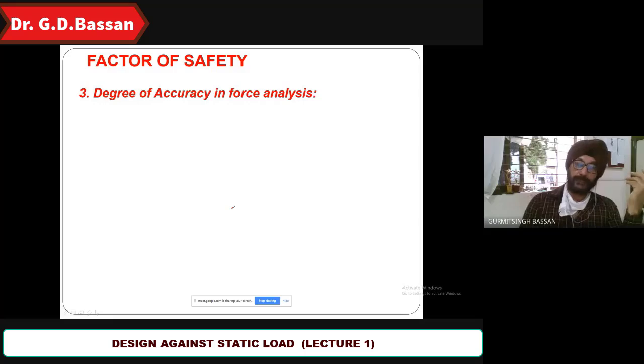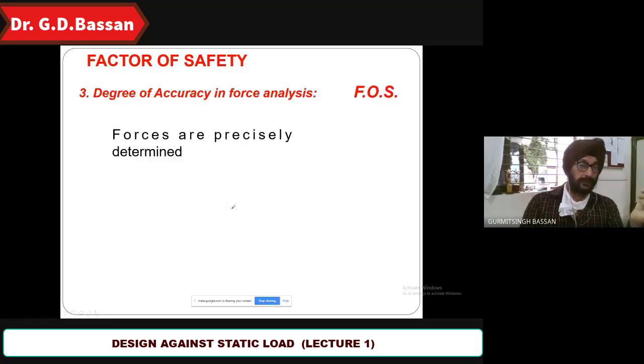Then, degree of accuracy in force analysis. In a number of cases, you can find the forces precisely, so you can find the forces easily before designing. Then we can take the factor of safety as low, because we know exactly how much force is acting on a particular element or machine.